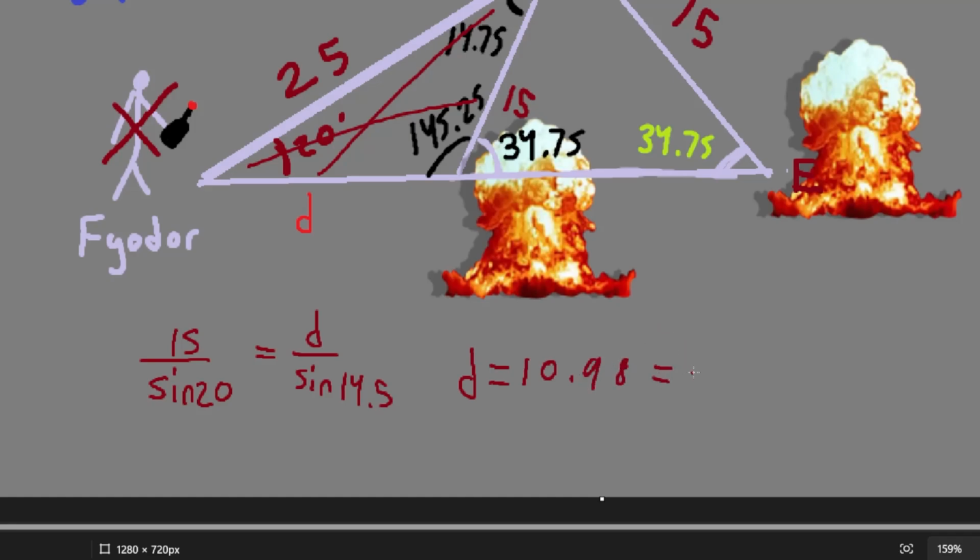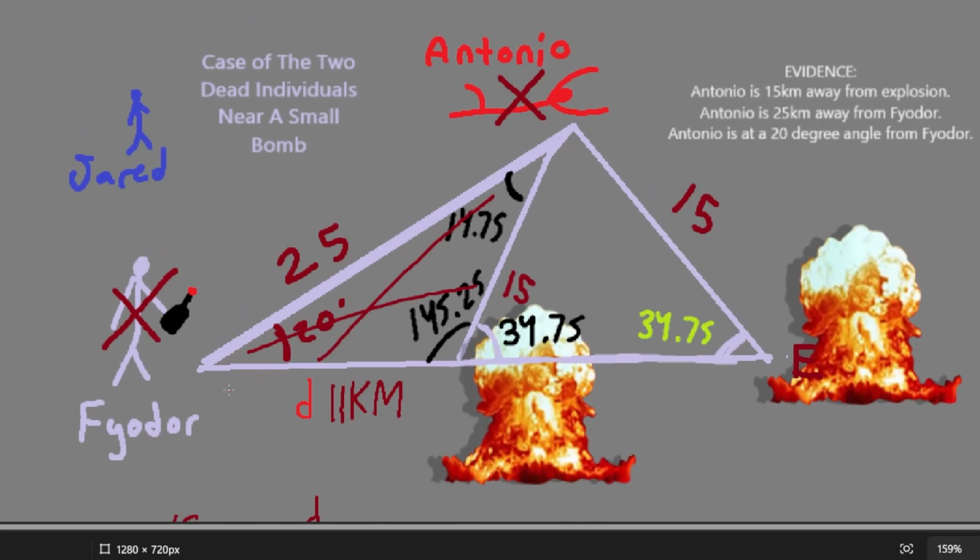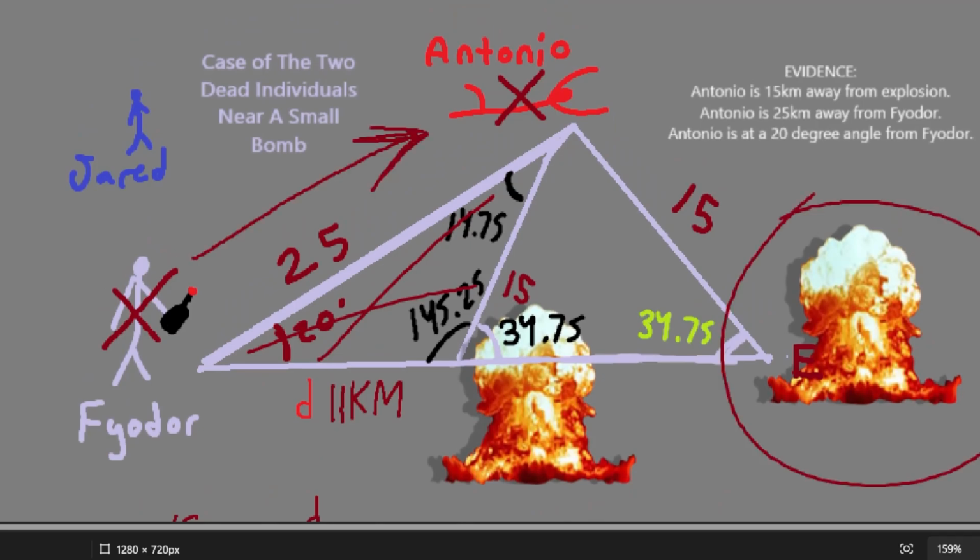Let's just round this to 11 kilometers. Wait, so Fyodor was 11 kilometers away from the explosion, and Antonio was 15 kilometers away. That's pretty similar distances. So of course Fyodor would have also died. Now we know why Fyodor died.